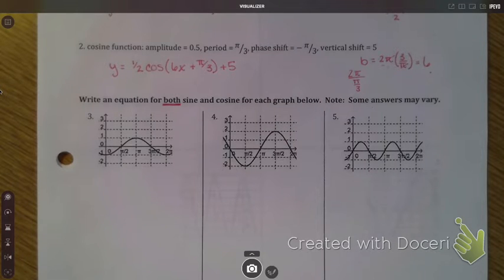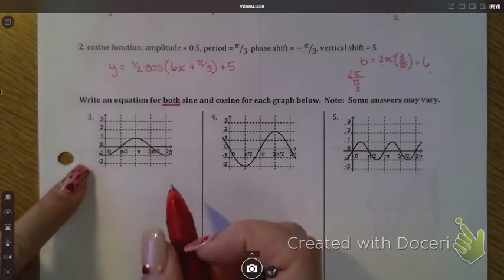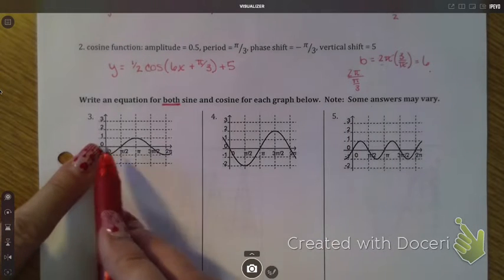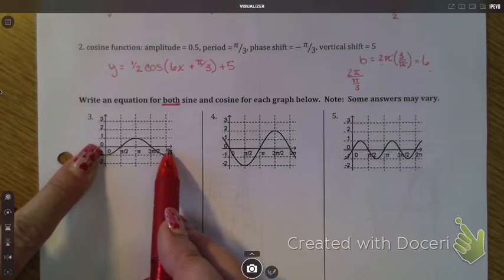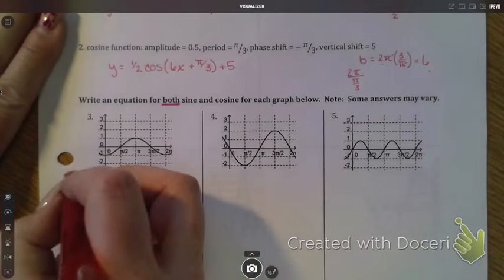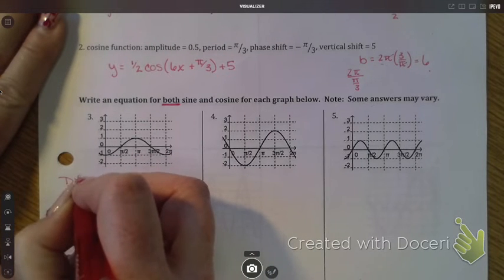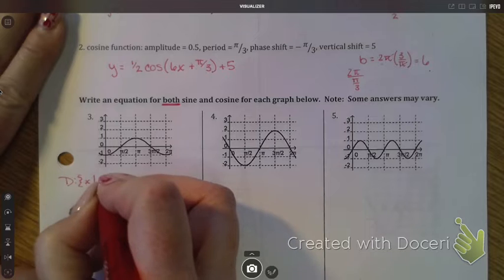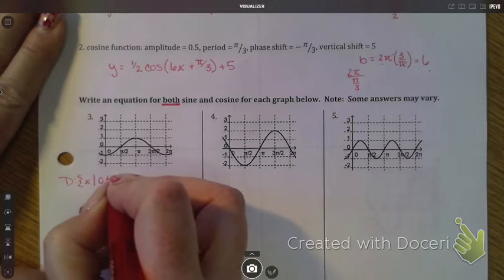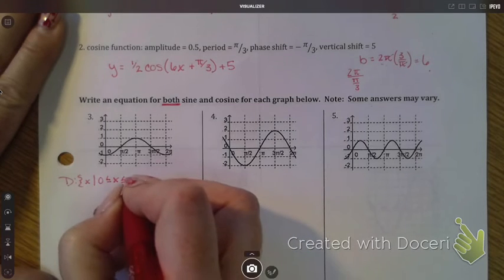So, we only see from 0 to where? 2 pi. So the first thing you're going to do is write the domain that you looked at.